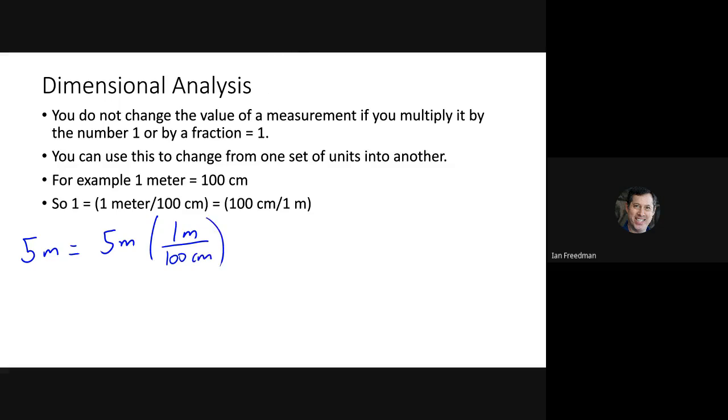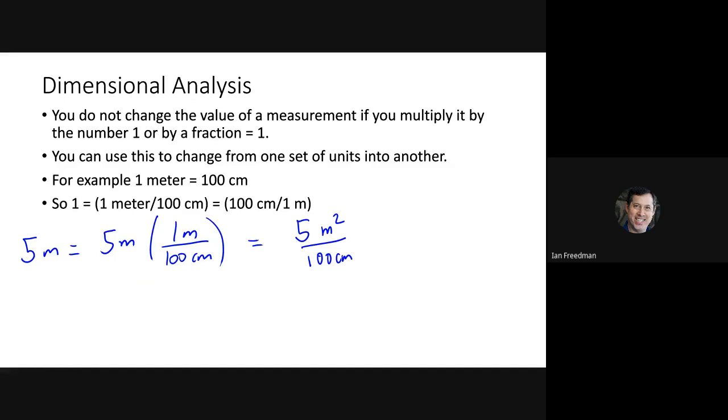The meters don't cancel out. Instead, what you end up getting is 5 times 1 is 5 meters squared over 100 centimeters. So that's technically correct, but it doesn't make a whole lot of logical sense. 5 meters squared over 100 centimeters is equal to 5 meters.